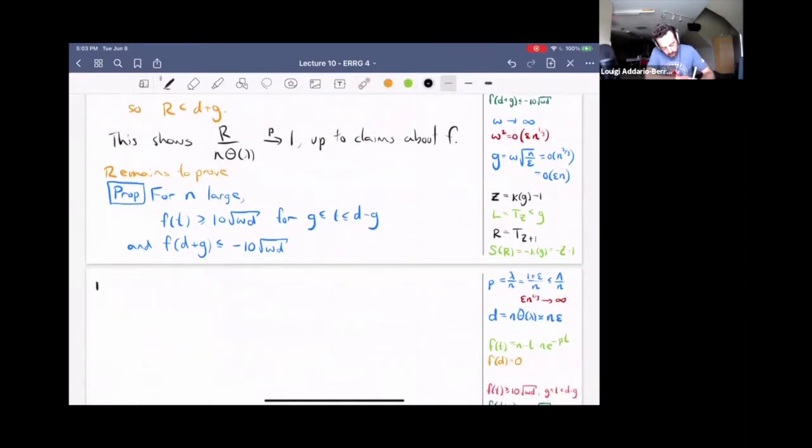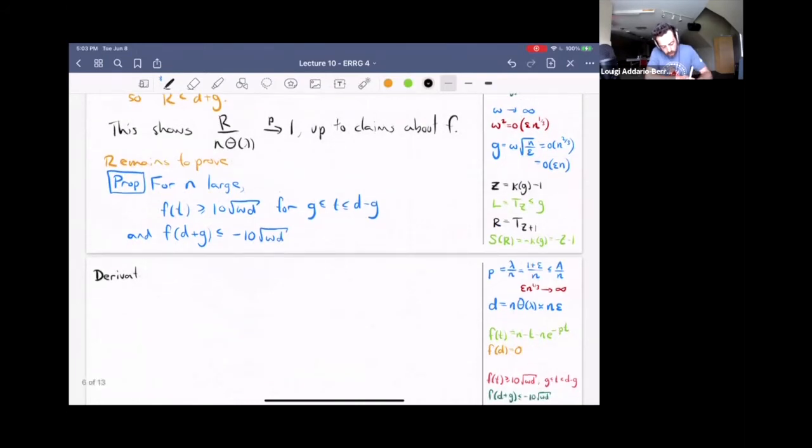But to start to get these bounds, I want to compute the first two derivatives of f and then write down some simple inequalities. So what's f prime of t? That's minus 1 plus np e to the minus pt.